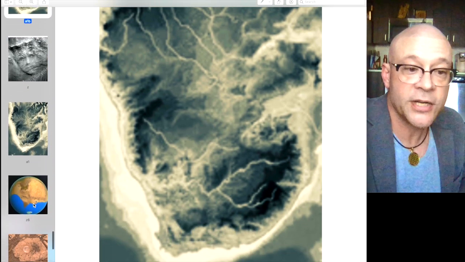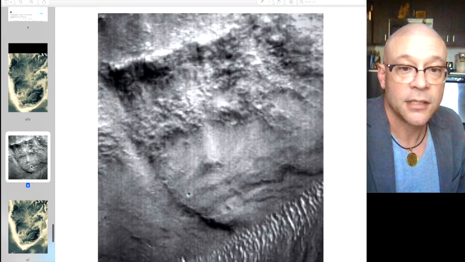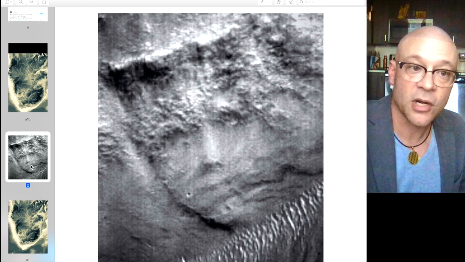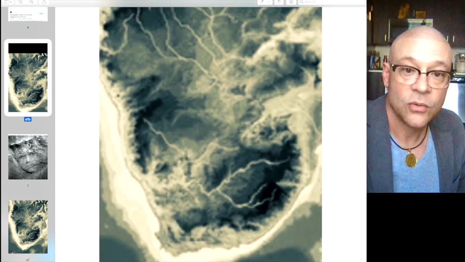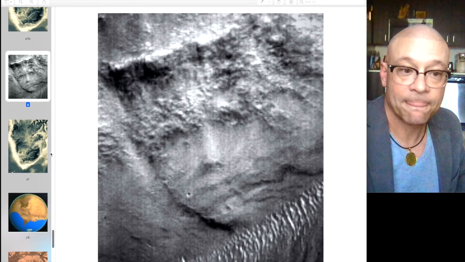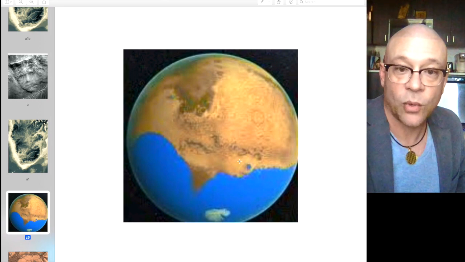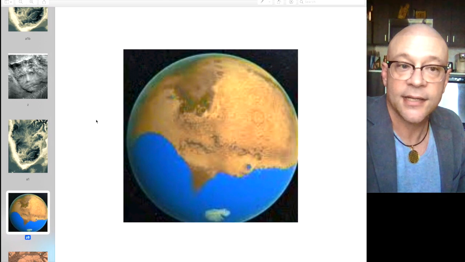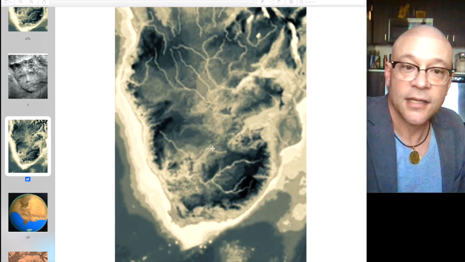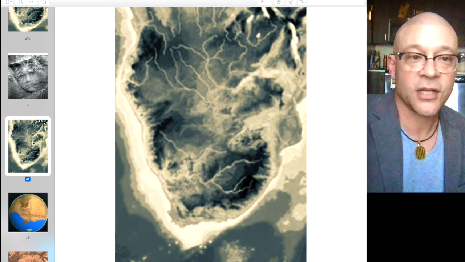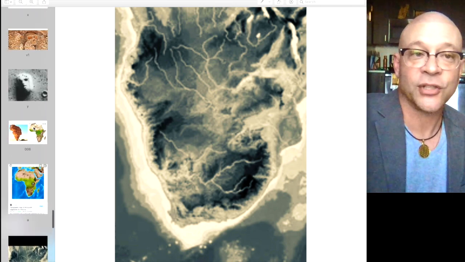Now here's the strange part. Okay, that's on Mars. That's another face on Mars. What's going on? What's happening here? This is Mars with water. If this is an eye and that's an eye, doesn't that kind of look, I mean, again, maybe I am nuts, maybe I don't know.